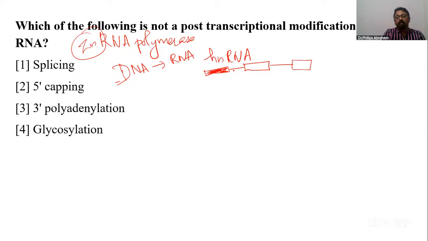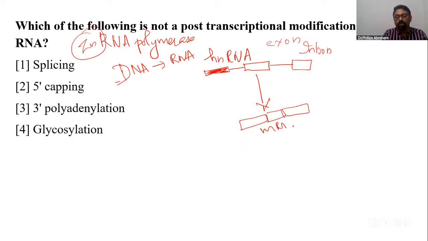These are the non-coding parts. We call them introns. Introns are the non-coding part, exons are the coding part. During modification, exon 1, exon 2, exon 3 combine together and form the mature mRNA.